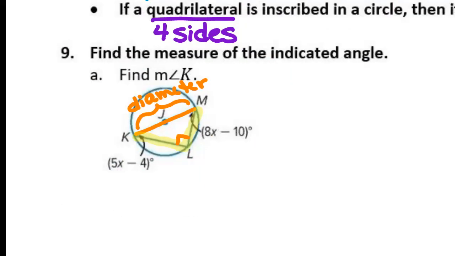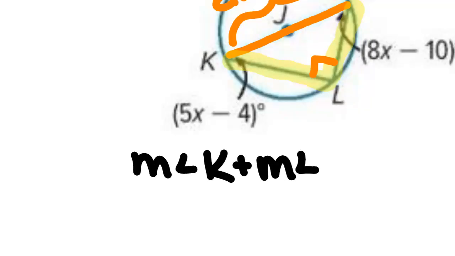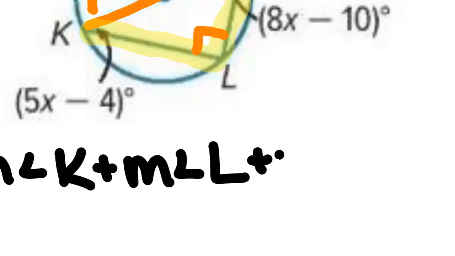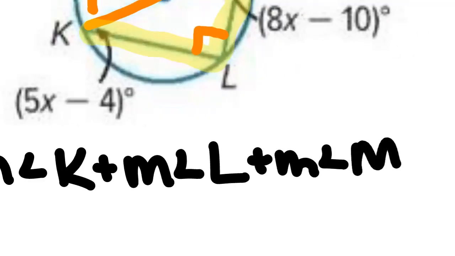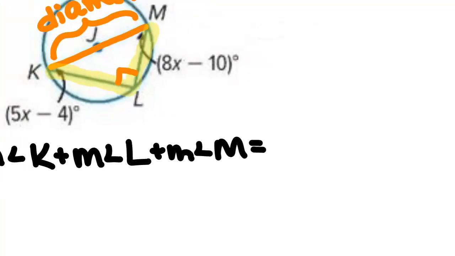So they wanted us to find the measurement of angle K. I know that the 3 angles inside of a triangle add up to how much? 180. So the measurement of angle K plus the measurement of angle L plus the measurement of angle M equals 180.